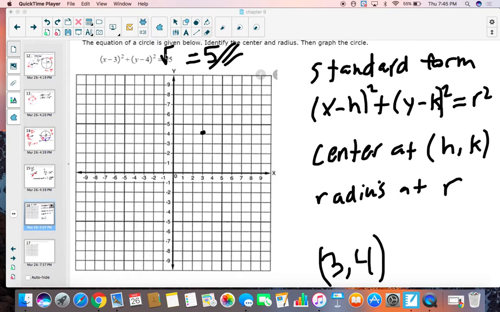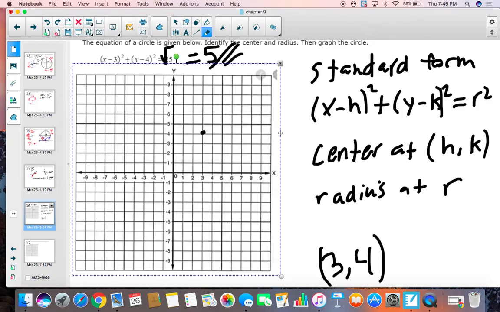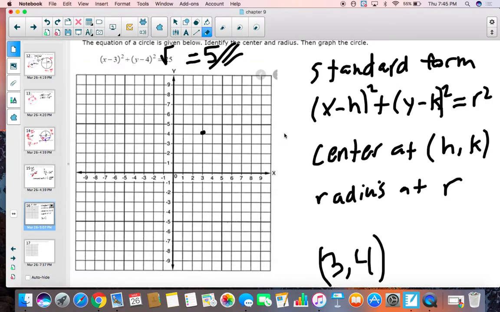Start at your dot, go 1, 2, 3, 4, 5. Put another dot, count up, 1, 2, 3, 4, 5. Put a dot, count down, 1, 2, 3, 4, 5. Put a dot, and then count over to the left, 1, 2, 3, 4, 5, and put a dot.